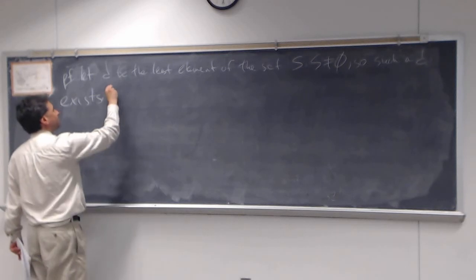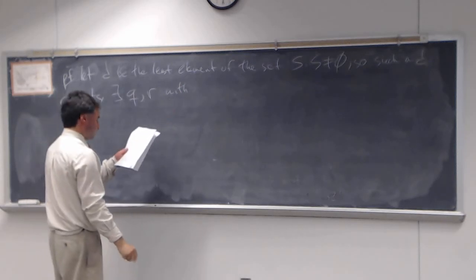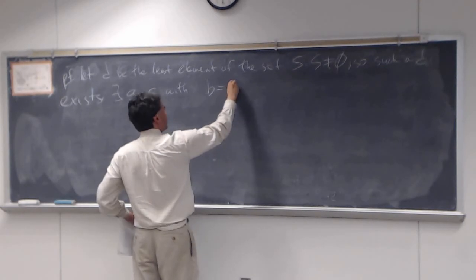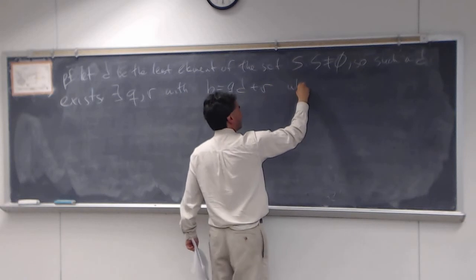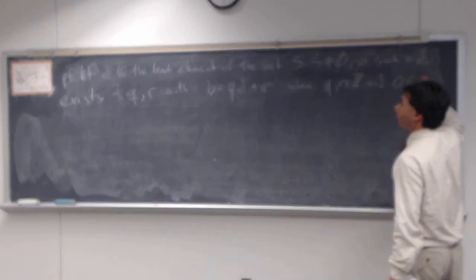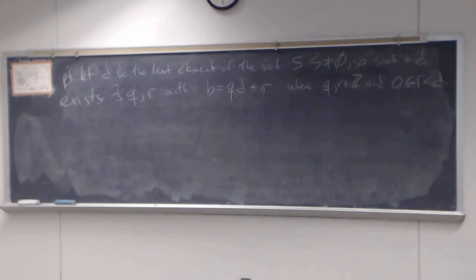So by the division algorithm, there exist Q and R with B equals Q times D plus R, where Q and R are integers and R is greater than or equal to 0 and strictly less than D. We'd like to show that the greatest common divisor of A and B divides B. That's equivalent to showing that R is 0.